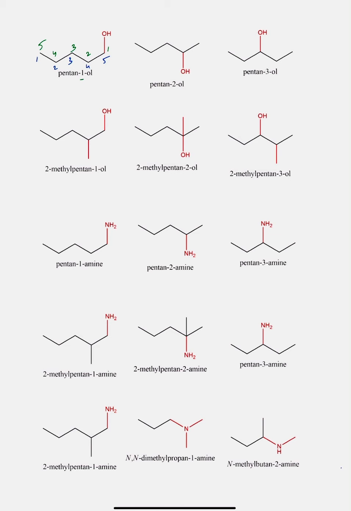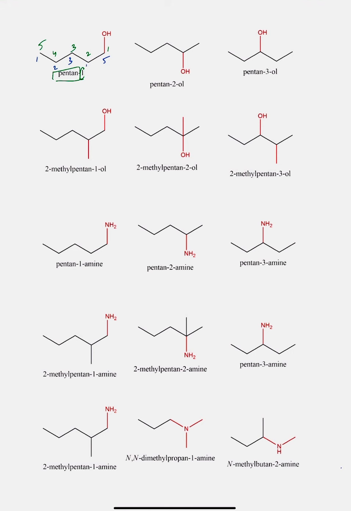Here that E is replaced with OL, and between OL and the name of the parent chain, the number is written. The number signifies the carbon to which the OH group is attached, or it is the locant here.